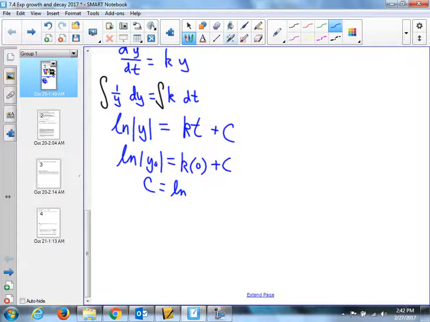Now, I'm going to drop the absolute value, because you would have a starting condition. You know, at time 0, the population growth rate is whatever. You'd know whether it's positive or negative. So you would have to make a decision, but it's just the natural log of the initial y condition. That's what that means.